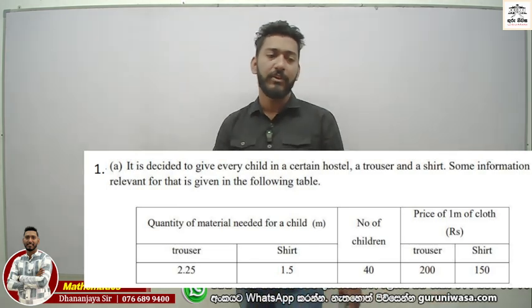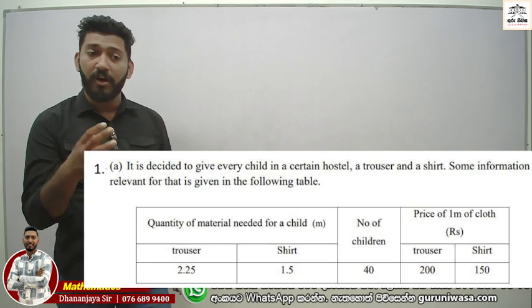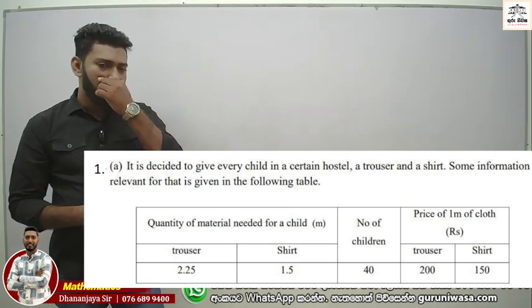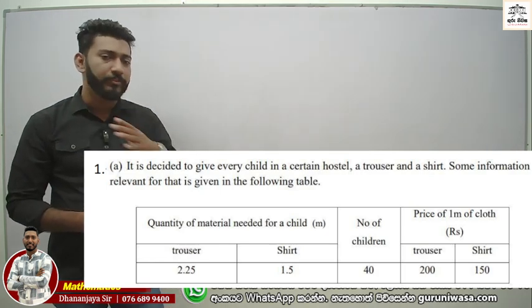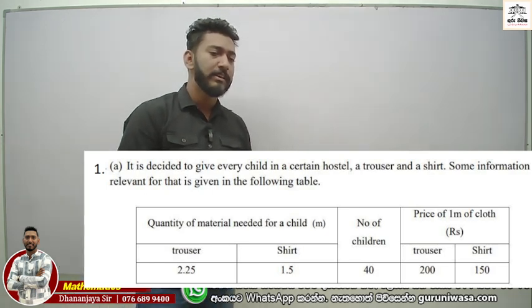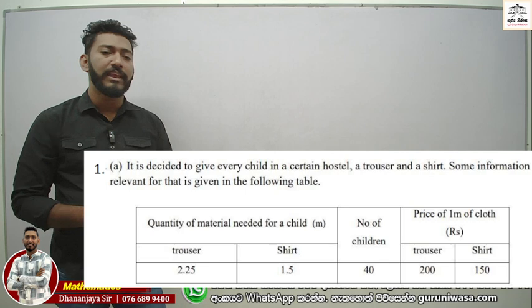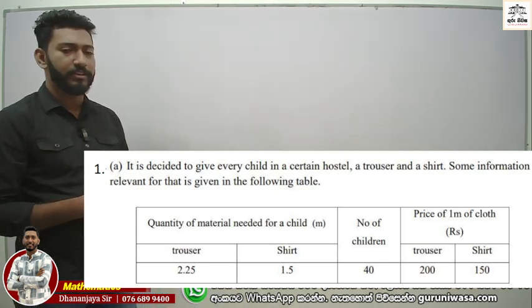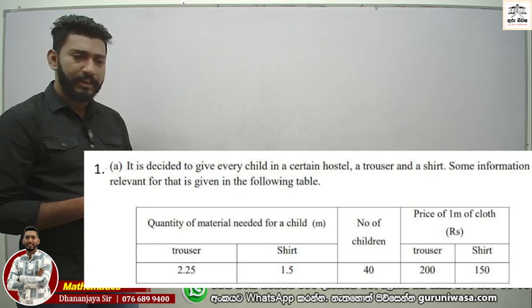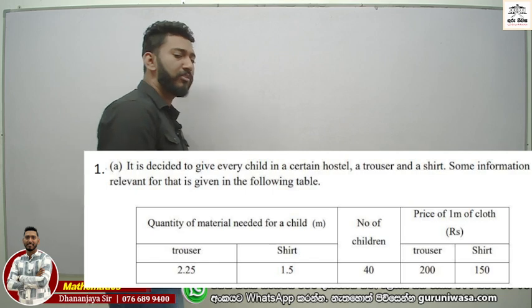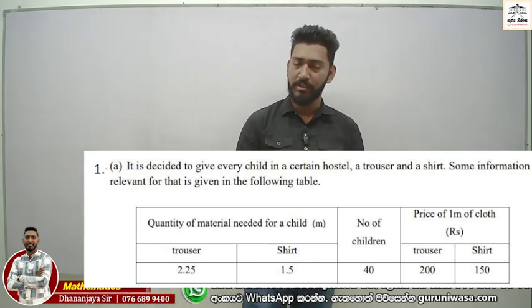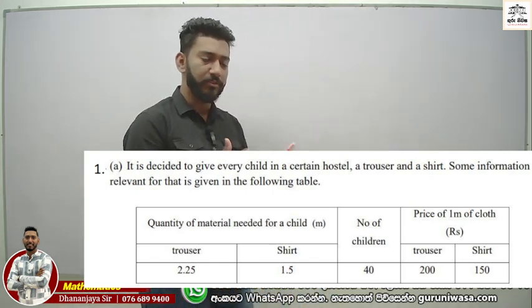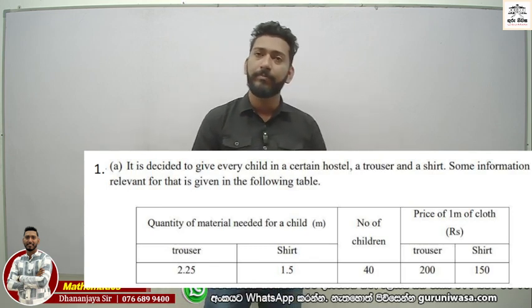It is decided to give every child in a certain hostel a trouser and a shirt. Some relevant information is given in the following table. The quantity of material needed per child, in meters: there are two columns, trouser and shirt.